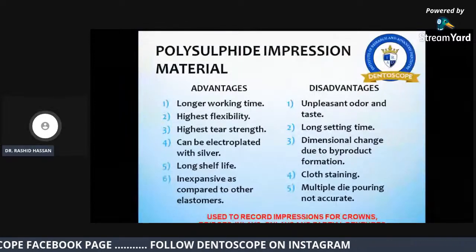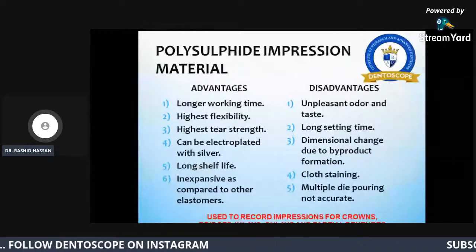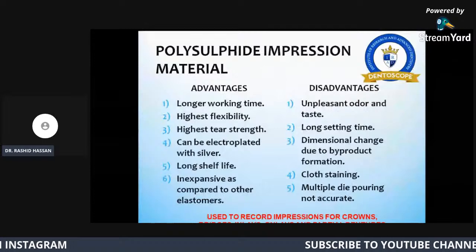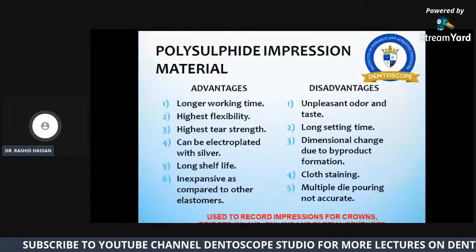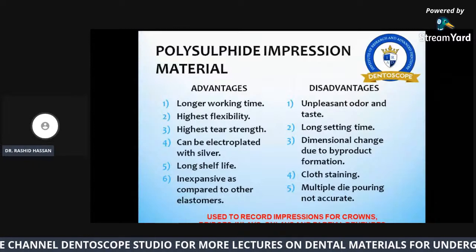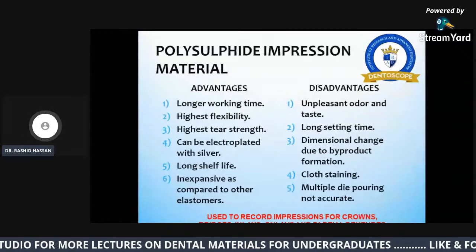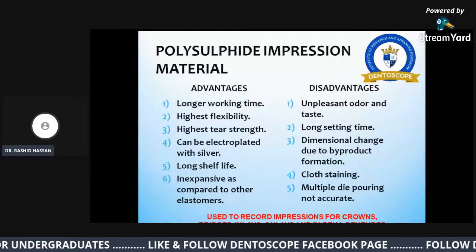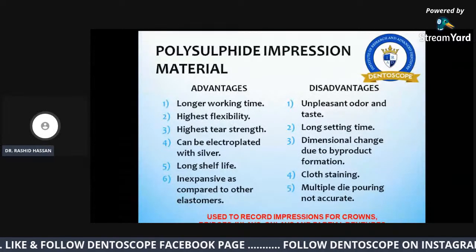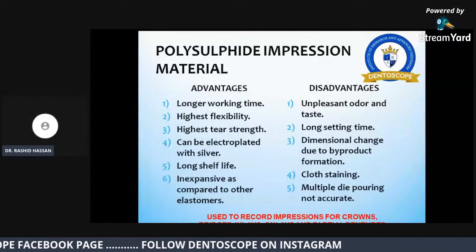Okay, it has a good shelf life, a long shelf life, and that is what is required because shelf life in elastomers is also very important. Elastomers are very sophisticated impression materials. They are very expensive, so they need to have a long shelf life, because this is not just a routine material.